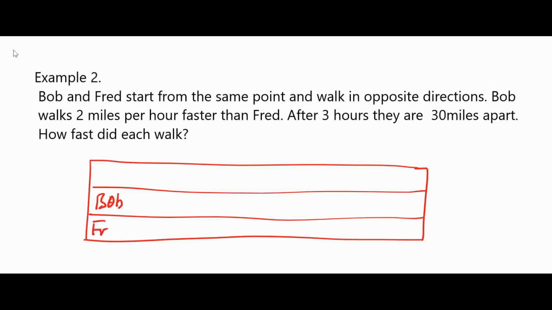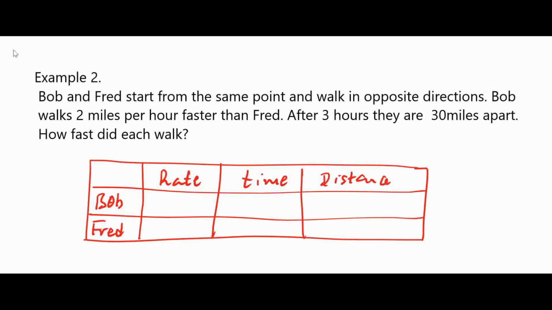This is Fred. This is the rate at which they walk, the time, the distance.